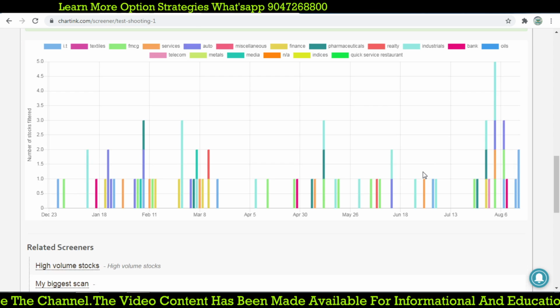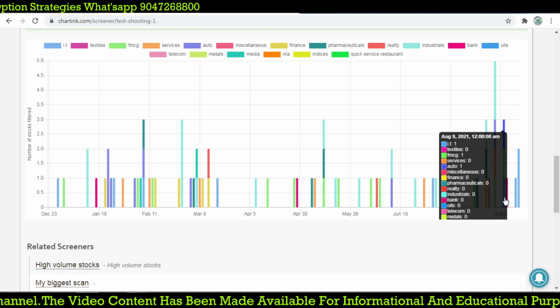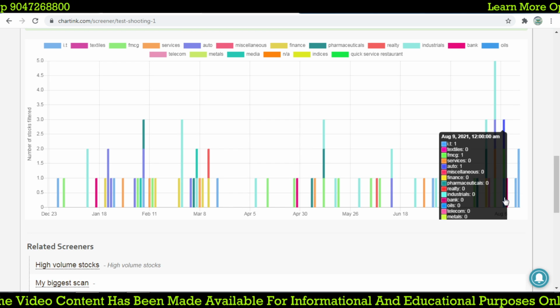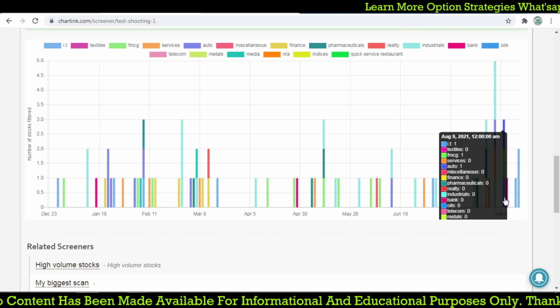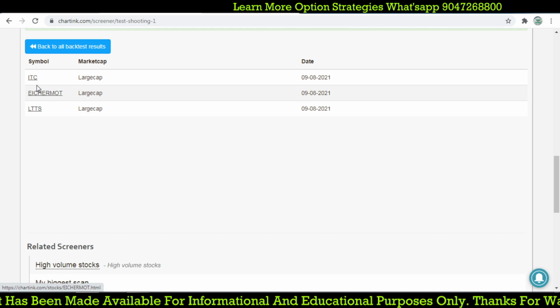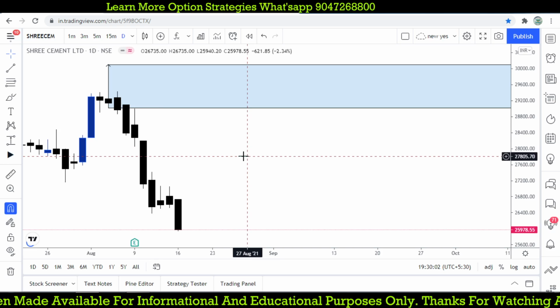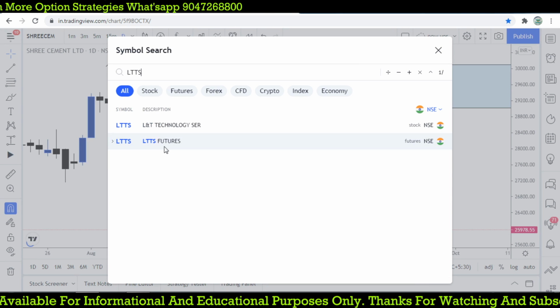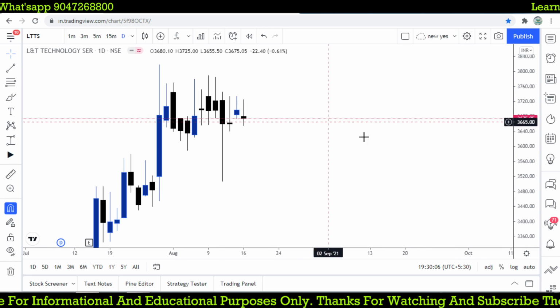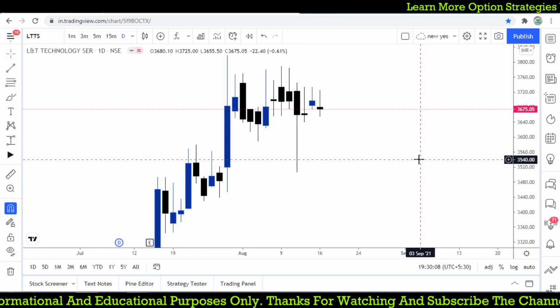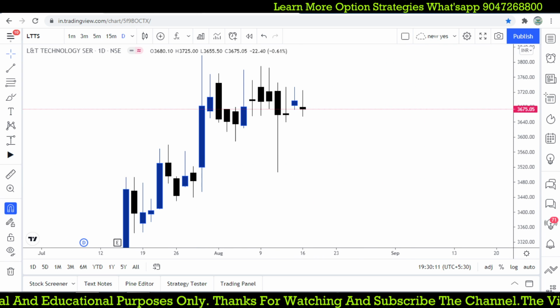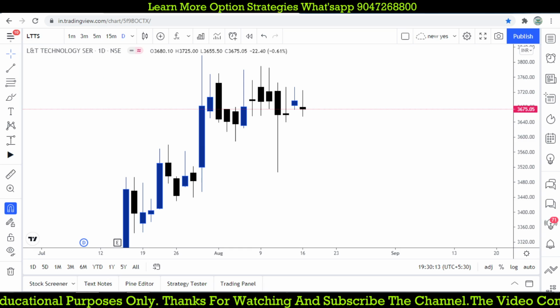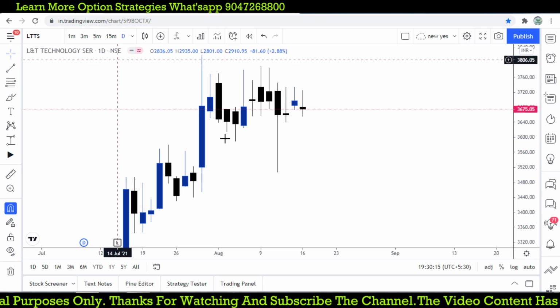Okay, and what are the other stocks which formed? After that we got around 9th August: LTIS, Eicher Motors, ITC. Okay, LTIS again, which is happening on 9/8.